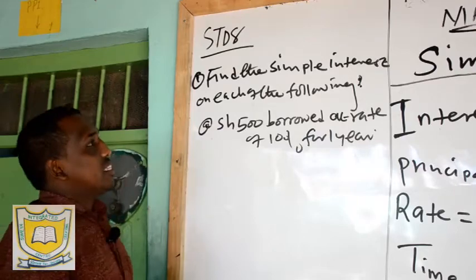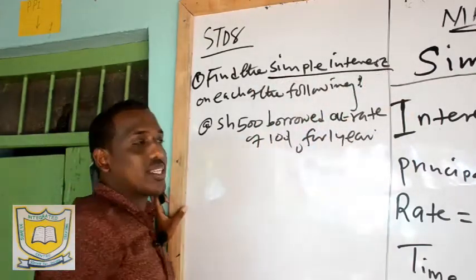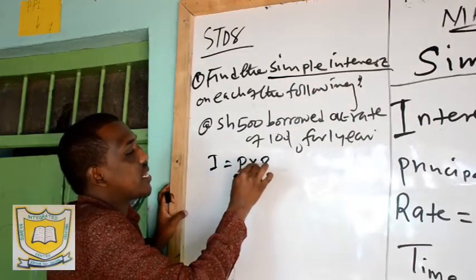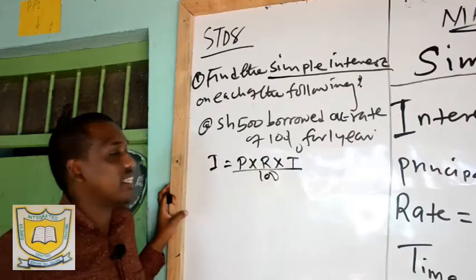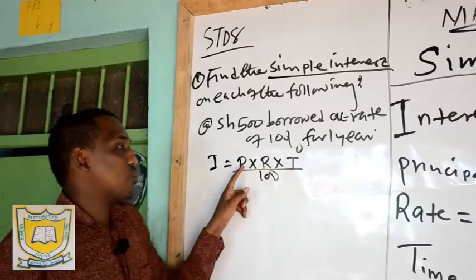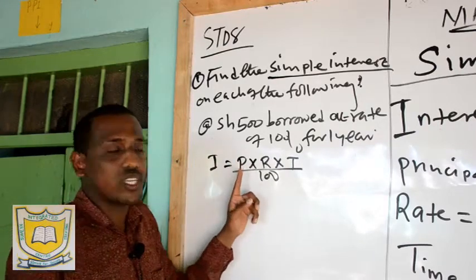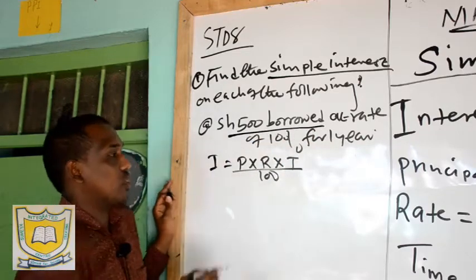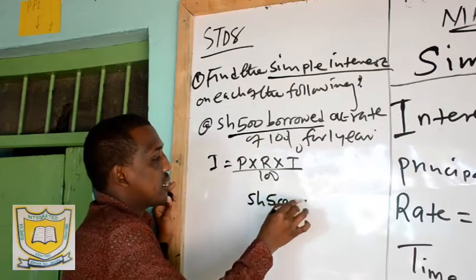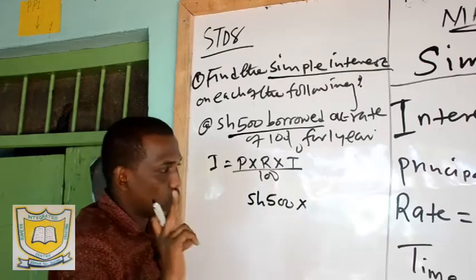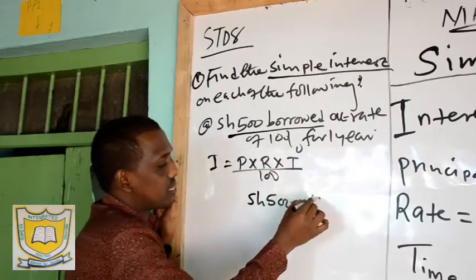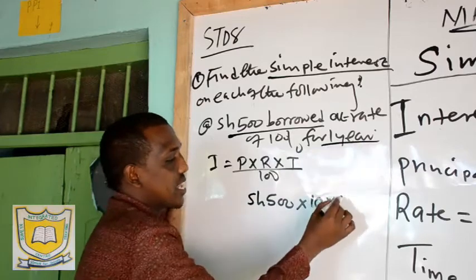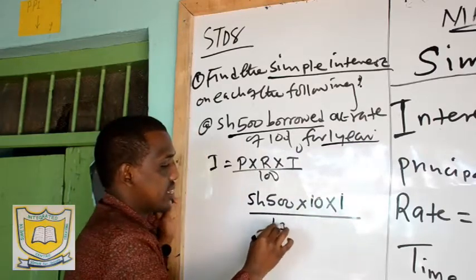They want the simple interest. The keyword is interest. So interest is equal to principal times rate times time, all over 100. Principal means the amount borrowed or deposited. Here, 500 borrowed means principal, so shillings 500 times the rate, the percentage, which is 10%, times the time, 1 year, over 100.